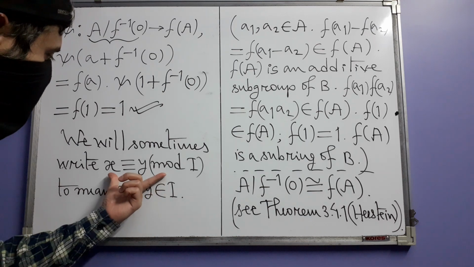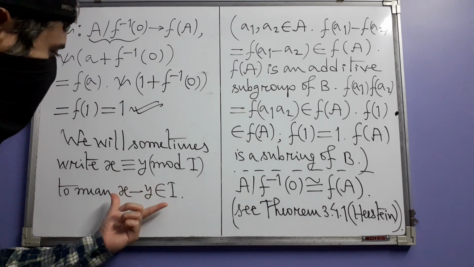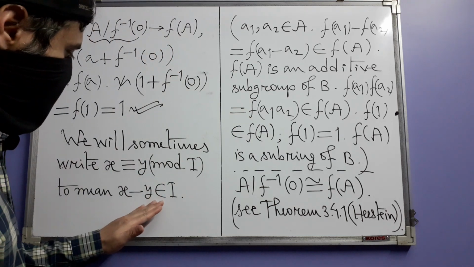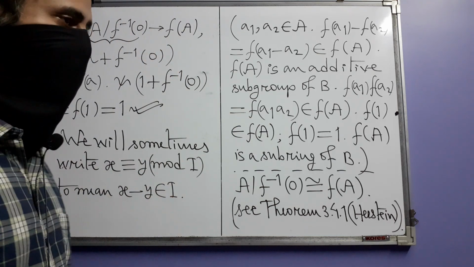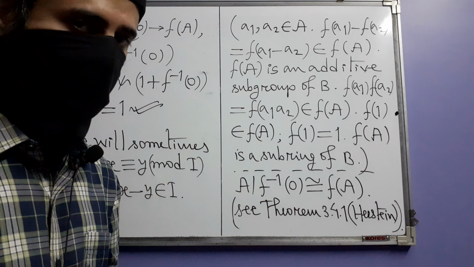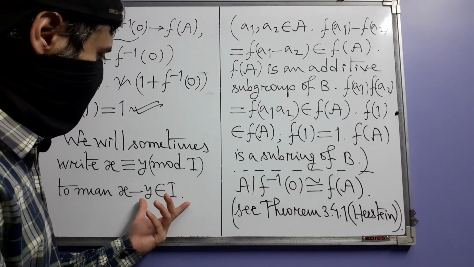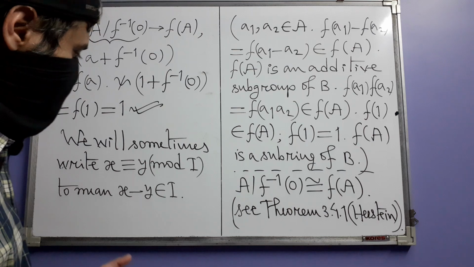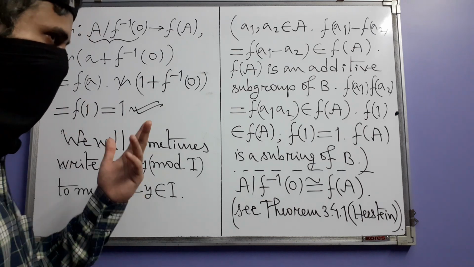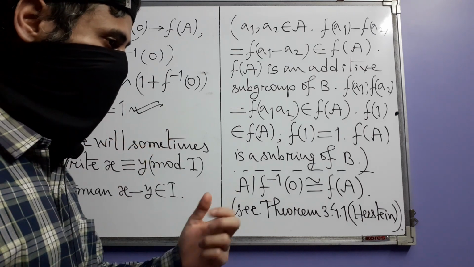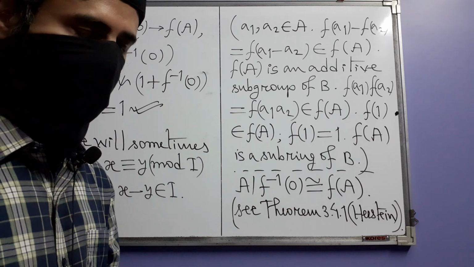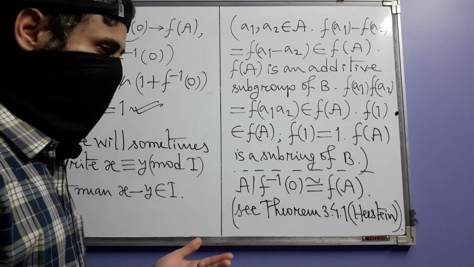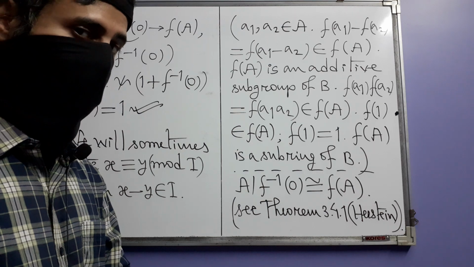Moreover, this notation is nothing new to us. In fact, in Herstein's Topics in Algebra itself, we saw this in group theory. When we proved Lagrange's theorem for finite groups, there we, if you remember, introduced an equivalence relation. And the equivalence classes turned out to be precisely the cosets of a subgroup.